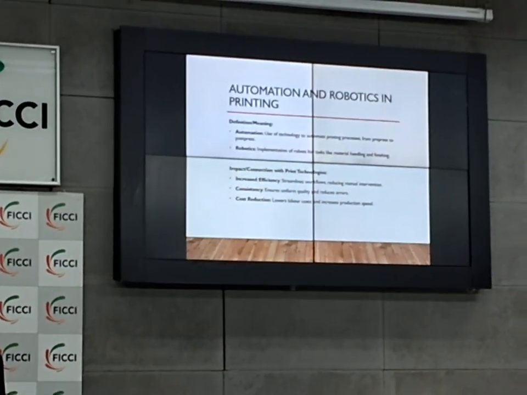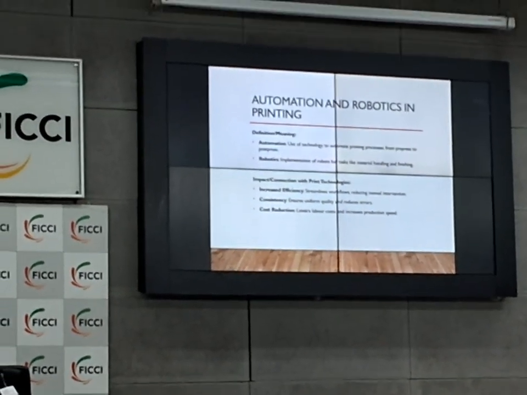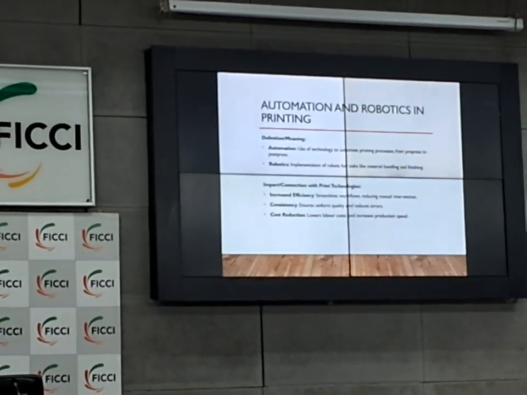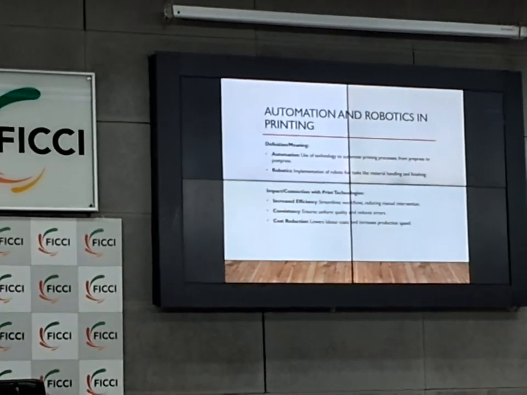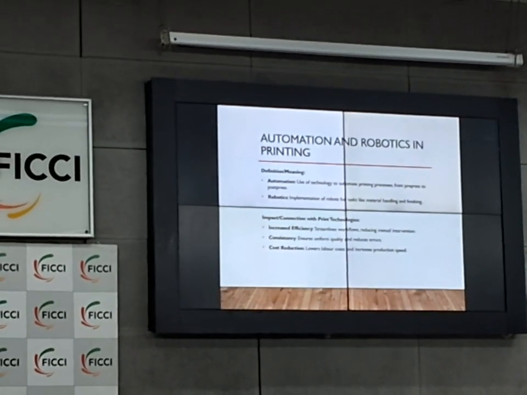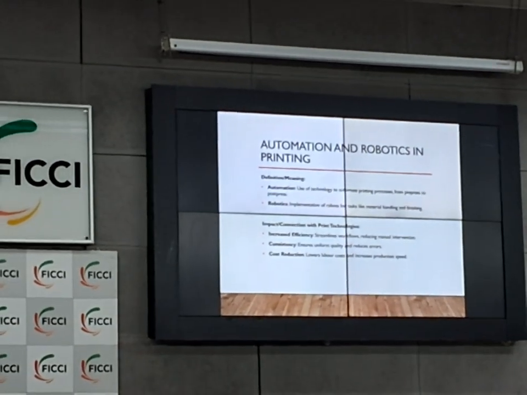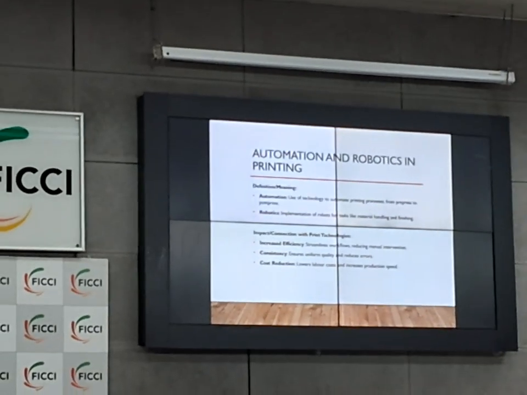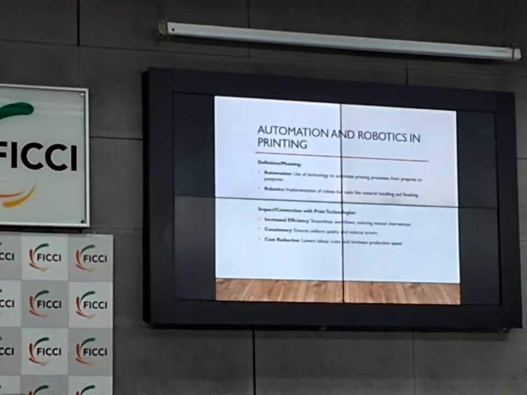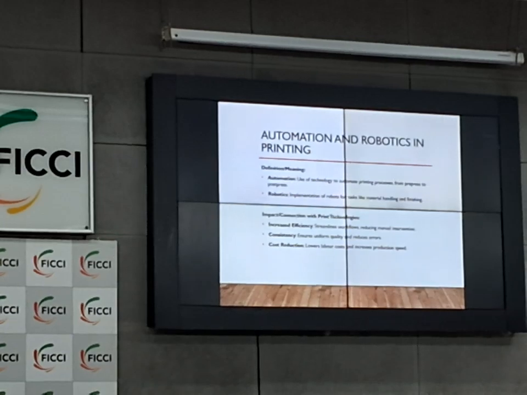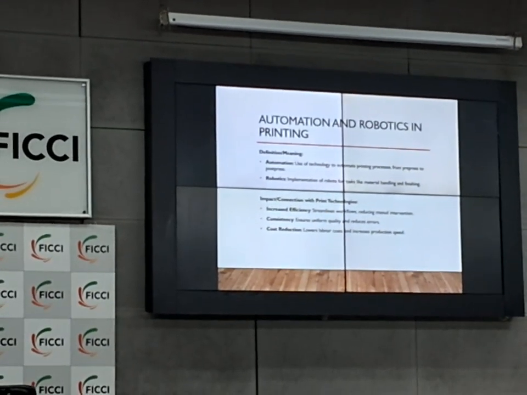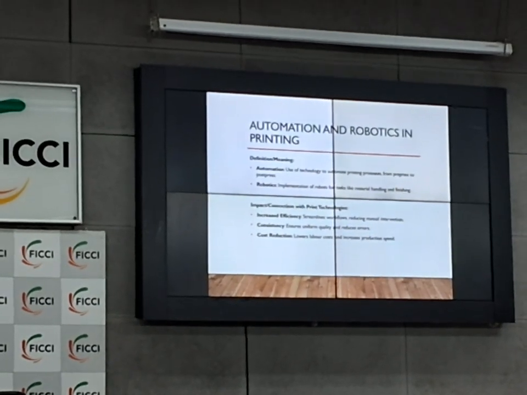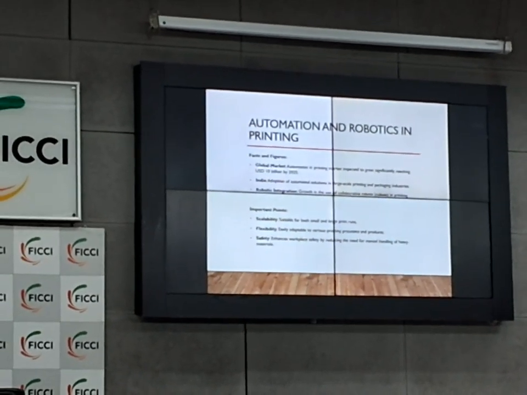And robotics is also being used, with implementation of robots for tasks like material handling and finishing, especially in newspaper printing houses and other big printing houses, especially in package printing houses. Robotics has been introduced in the printing process, and some impacts are increased efficiency, consistency, and cost reduction for using this robotics in the printing industry.